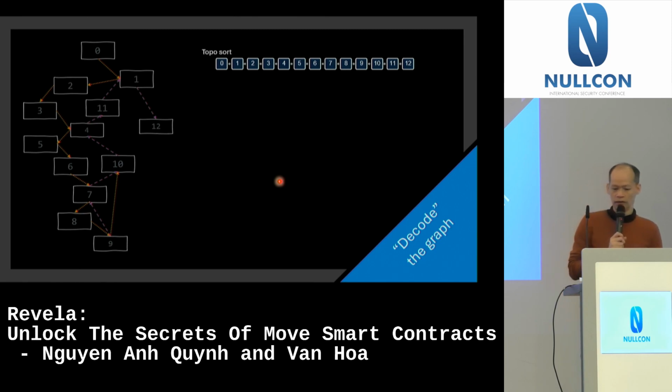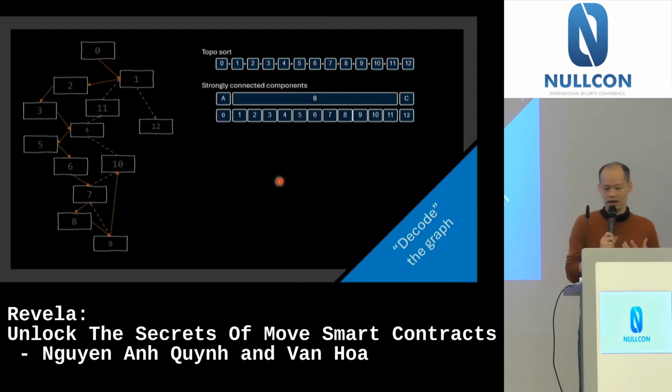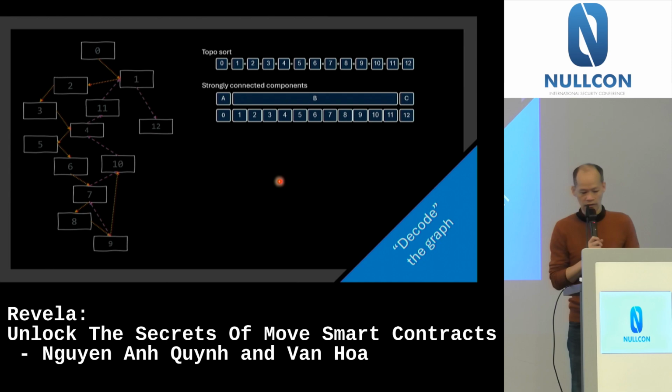To do that, we perform some analysis to understand how the code is linked together. So we try to build the topological sort and strongly connected components because they are very helpful for us to generate the high-level code in the next step.